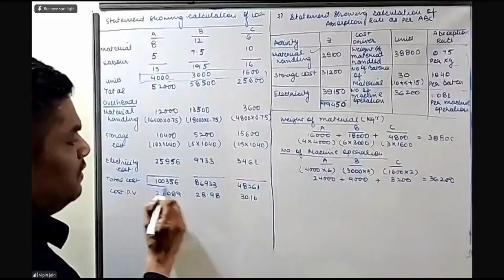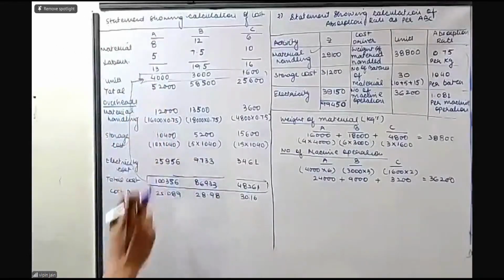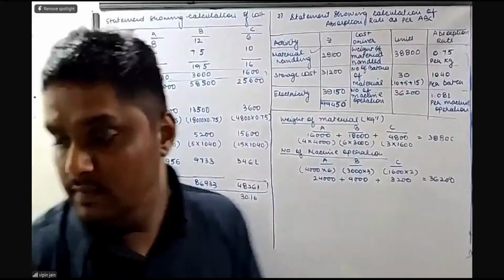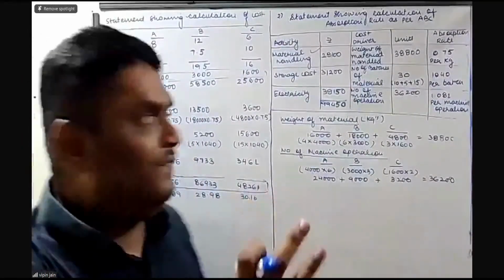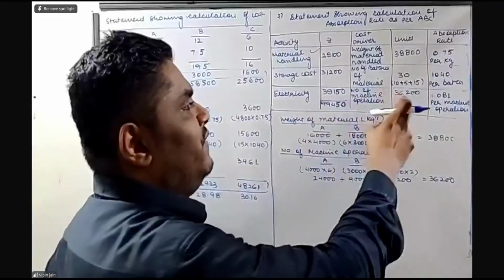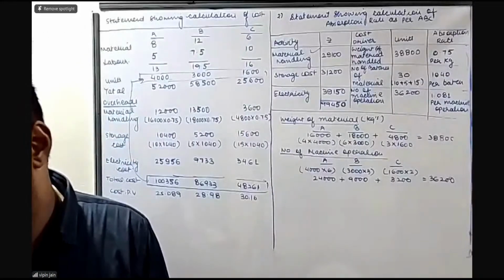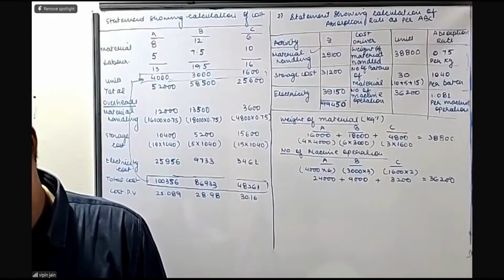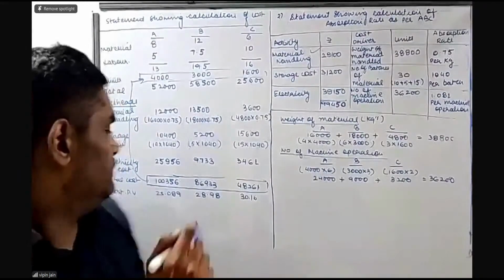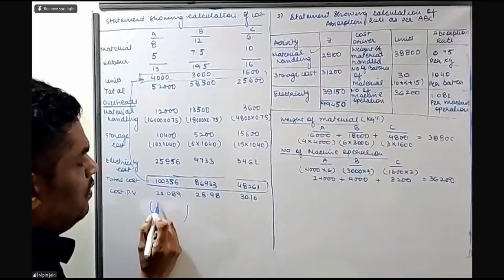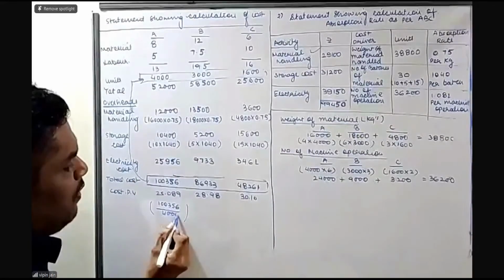This total cost, I have divided by number of units. We will get the per unit cost. I'm saying I have taken the full decimal figure, that is 39,150 divided by 36,200. So 1,00356 divided by 4,000.